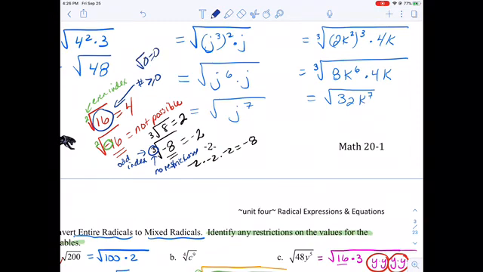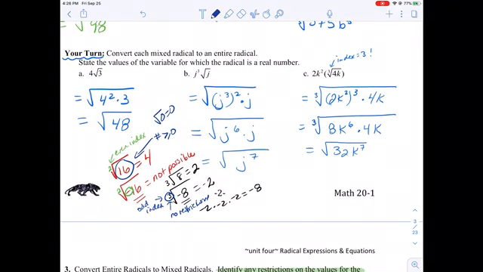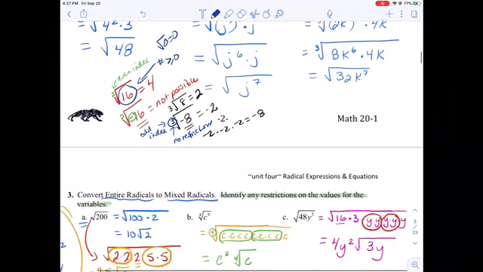We can have the square root of 0, which is 0, but as soon as we go into the negative values, we know that this does not work. So for this, because I've got a square root here, my index is even, we would say that j has to be greater than or equal to 0. Okay, because we have an odd index here, no restrictions on k.